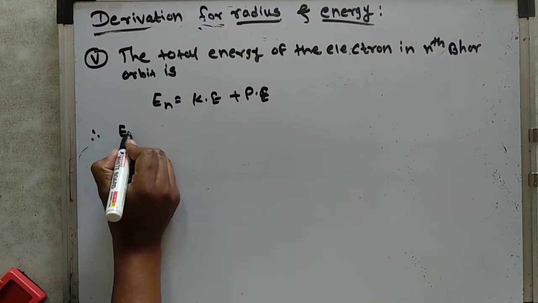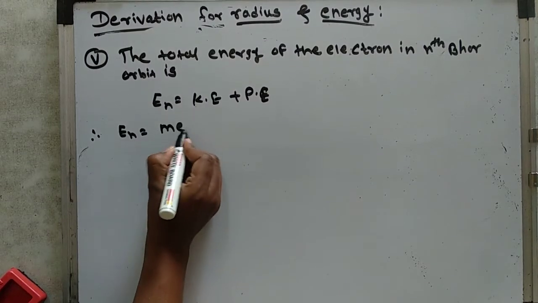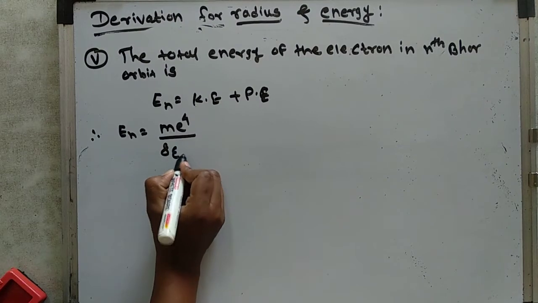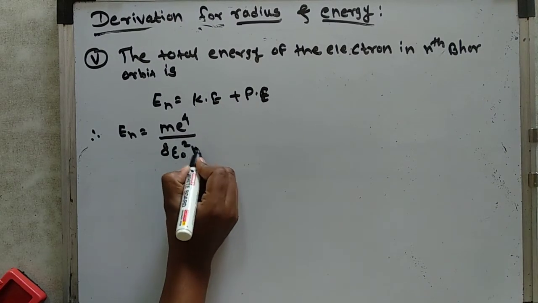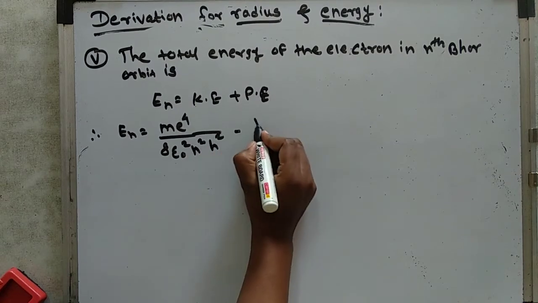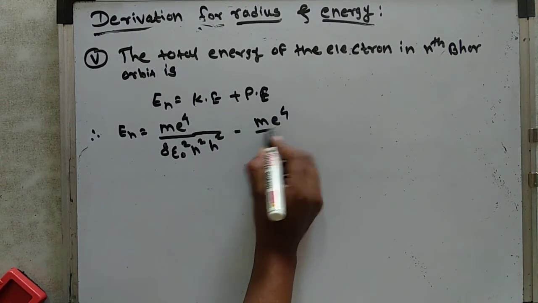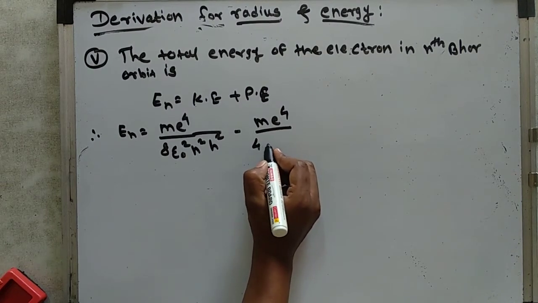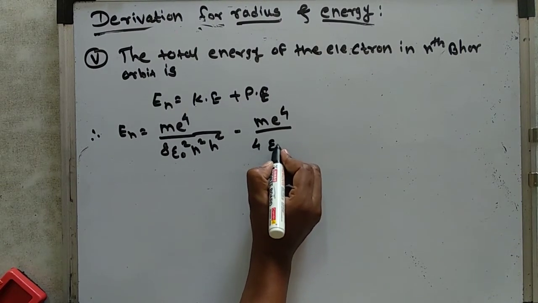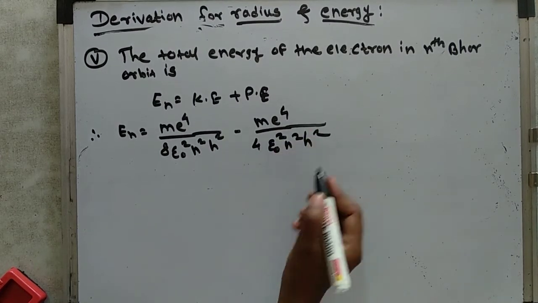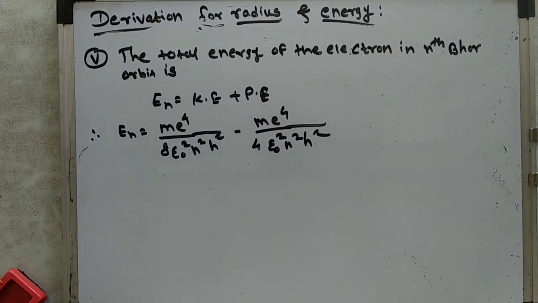Therefore, En is equal to m e to the power 4 upon 8 epsilon naught square n square h square minus m e to the power 4 upon 4 epsilon naught square n square h square.